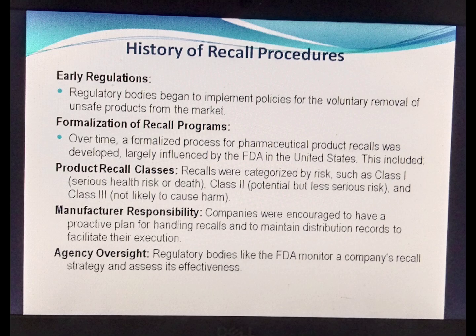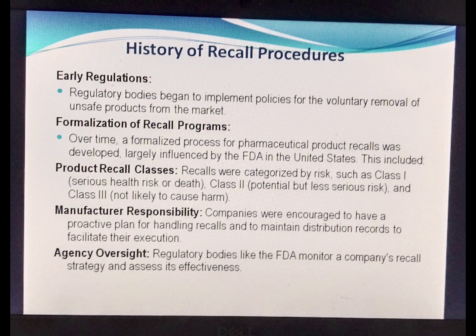Early regulations: regulatory bodies began to implement policies for the voluntary removal of unsafe products from the market. Formalization of recall program: over time, a formalized process for pharmaceutical product recall was developed, largely influenced by the FDA in the United States. This included product recall classes.